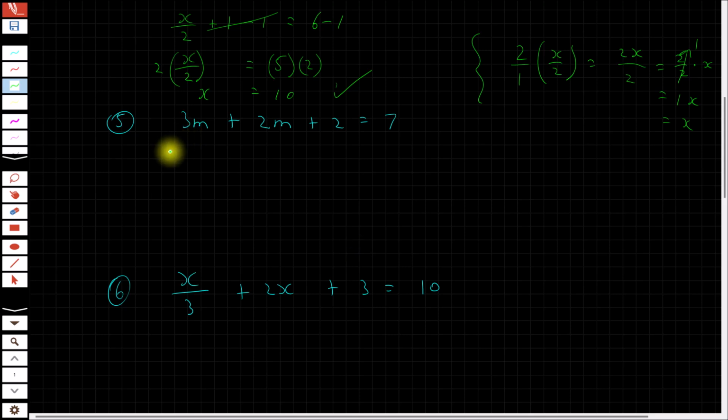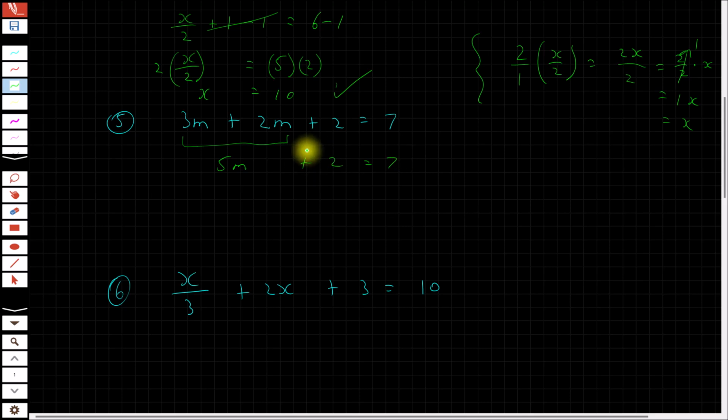Number 5, 3m, or 3 times m, plus 2 times m plus 2 equals 7. So in this case we need to combine all the like terms. So 3m plus 2m equals 5m plus 2 equals 7.